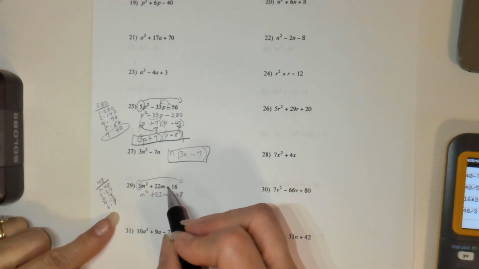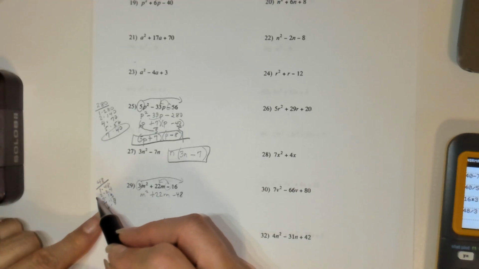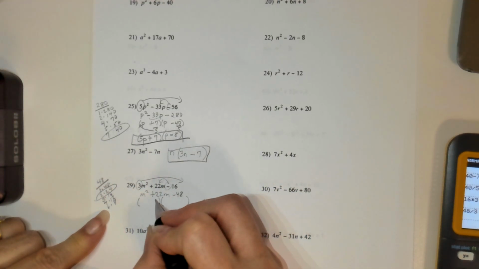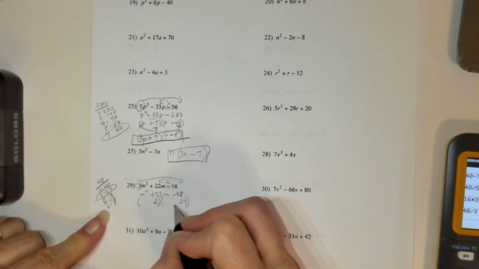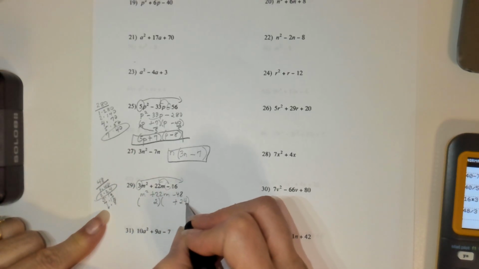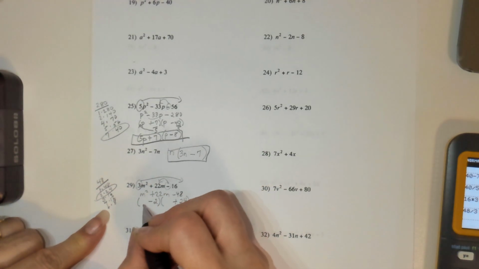And then I need to look to see what subtracts to give a 22. 2 and 24 would subtract. And because the sign in the middle is a positive, it's going to go to the 24. Negative is going to go to the 2. That way they would subtract one another.